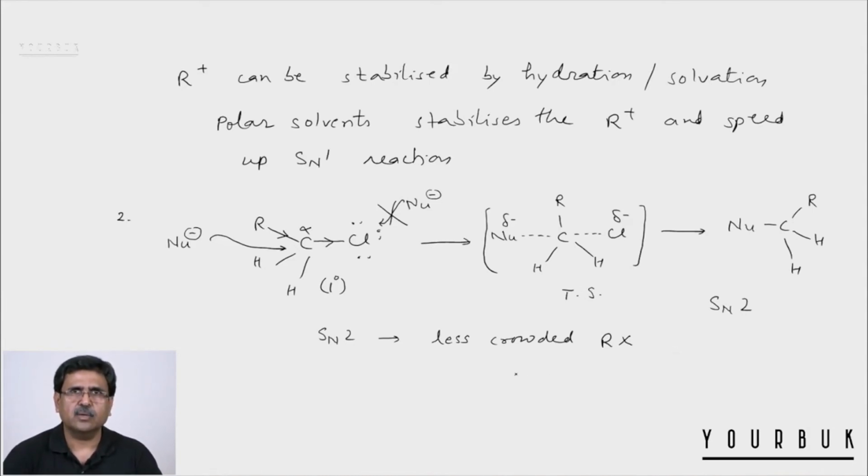Second, since there is no carbocation involved, the SN2 reaction is favored by non-polar solvents. So the 2 points are important. One is, the more the crowding at the alpha carbon, the more the tendency to undergo SN1 mechanism. And polar solvents help in stabilizing the carbocation, so they prefer SN1 mechanism. While SN2 reaction is given by less crowded alkyl halides and is favored by non-polar solvents.